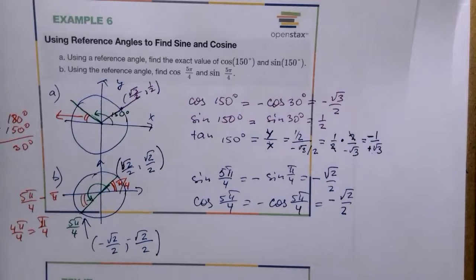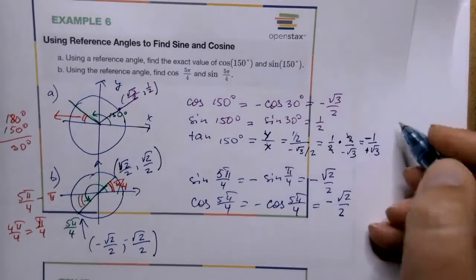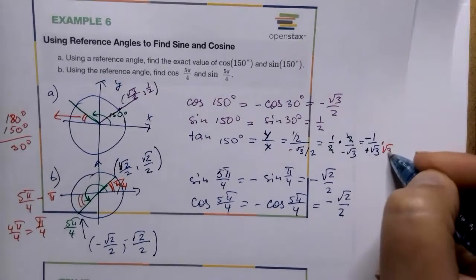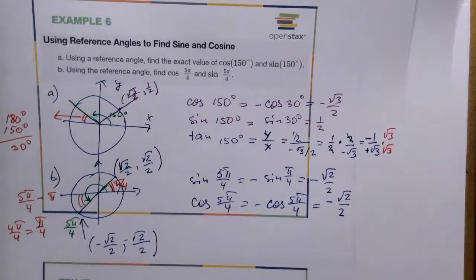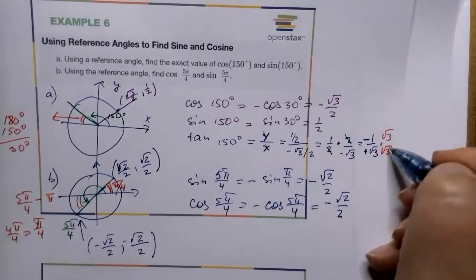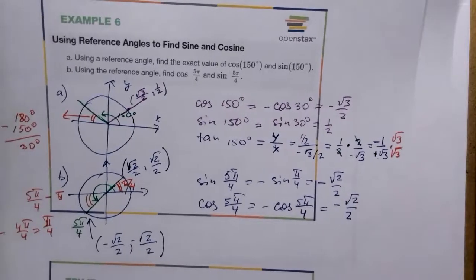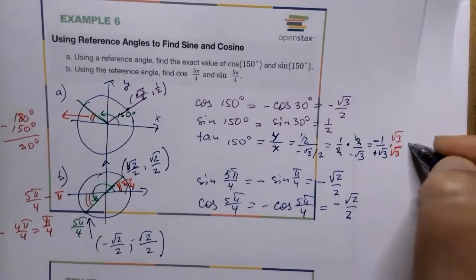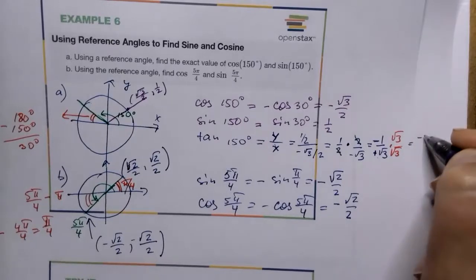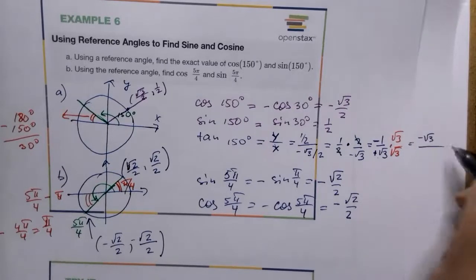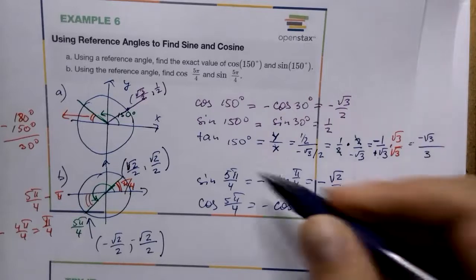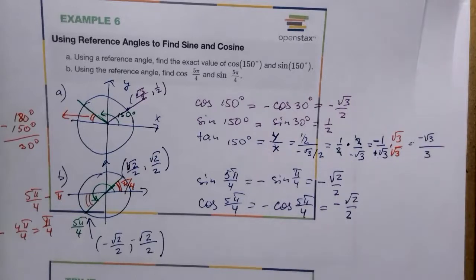Same thing. So rationalizing the denominator, we'll multiply both the top and the bottom by square root of 3. That gives us negative root of 3 divided by 3. So that's our tangent value.